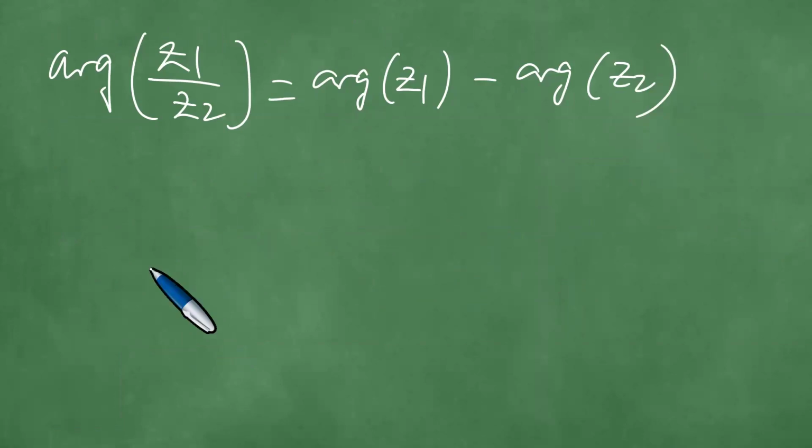If we divide two complex numbers, that is what we get there.